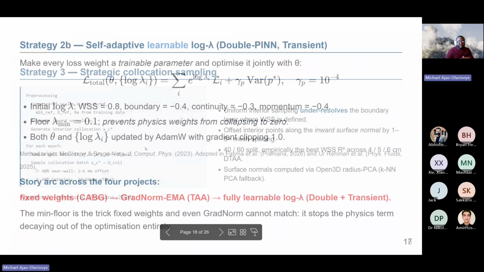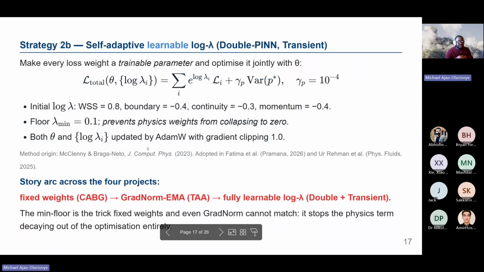Okay. So what that meant was that we were able to move from using fixed weights in the CABG problem to the grad norm, EMA, adaptive algorithm in the TAA, and then the learnable self-adaptive weight in this particular problem, the transient one.